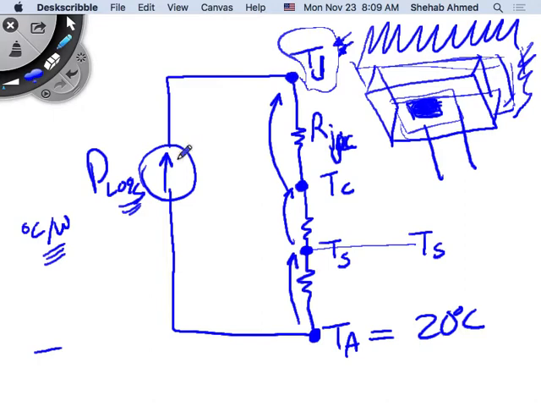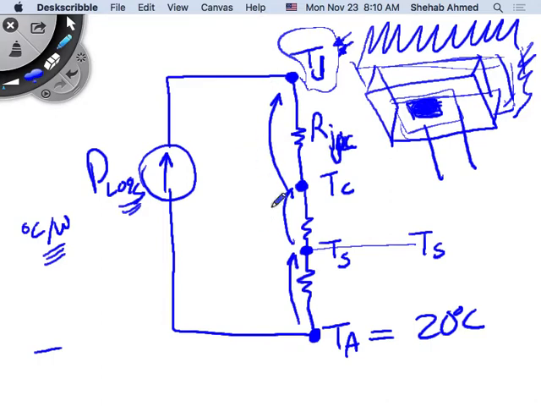This device has power loss going through it, generated inside it. This power loss will cause the device temperature to increase. Increase above where? Above ambient, right? Above the ambient conditions. If we start at 20 degrees C here, any heat loss generated inside the device will increase the temperature of the device above ambient, correct?